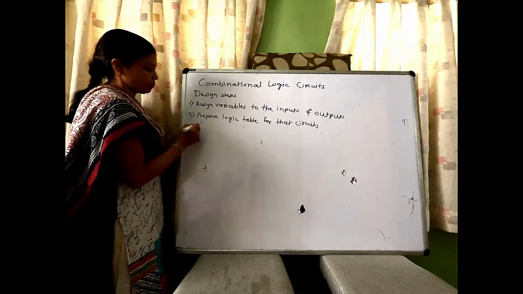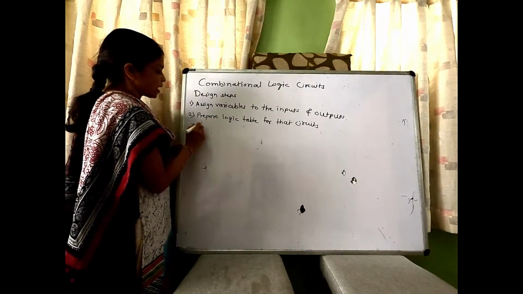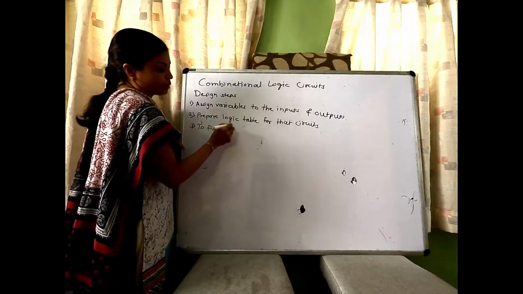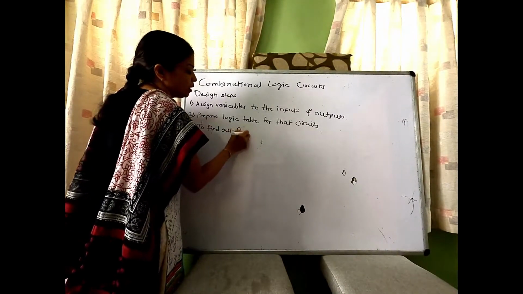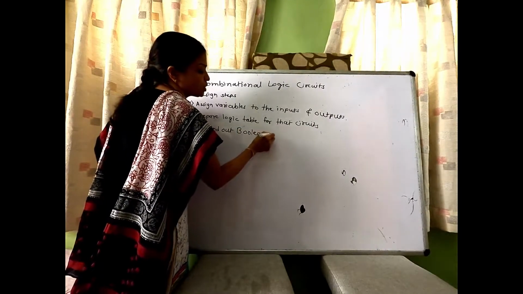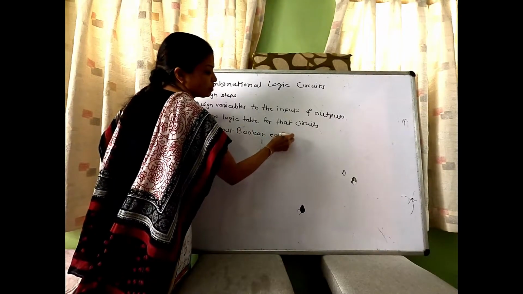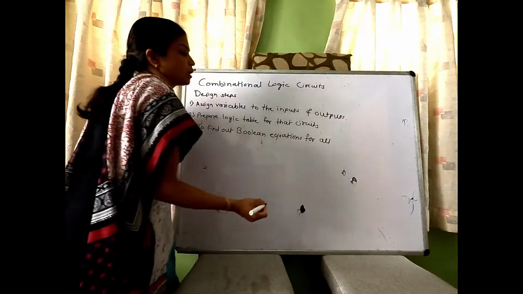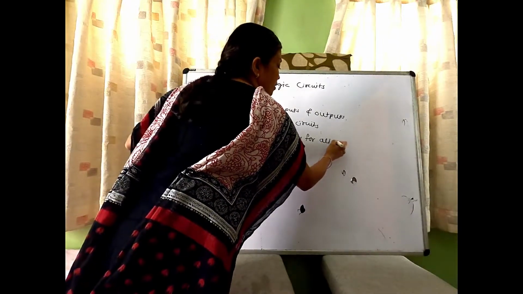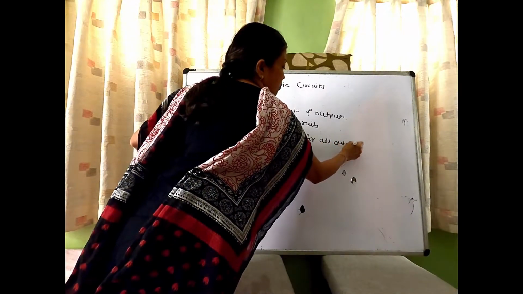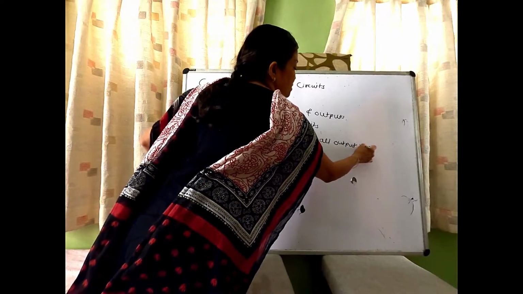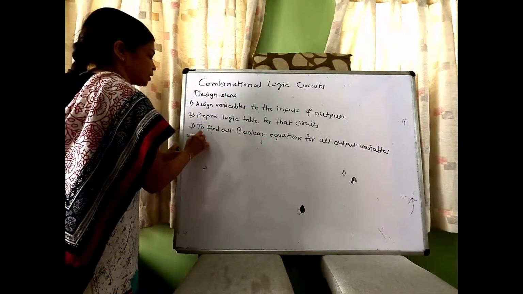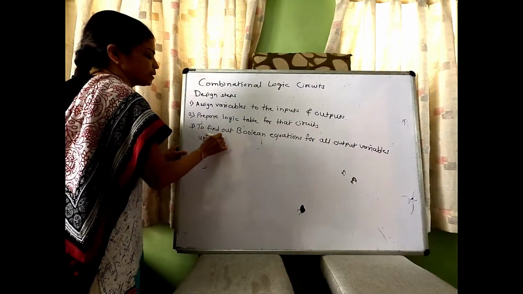The third step is to find out Boolean equations for all these outputs, output variables, using Karnaugh map, also called the K-map.